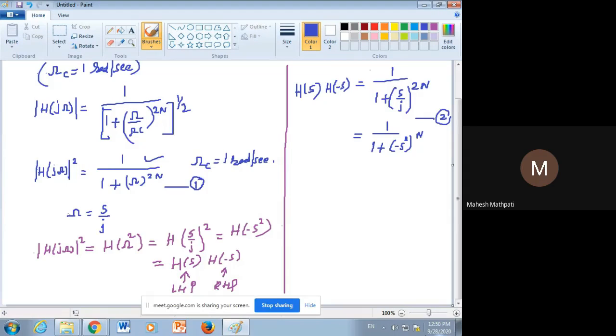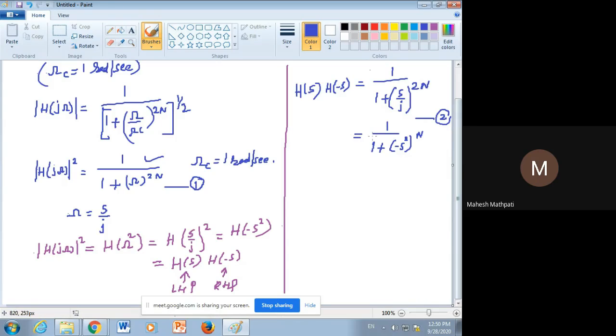We can obtain these roots by equating the denominator of equation 2 to 0.